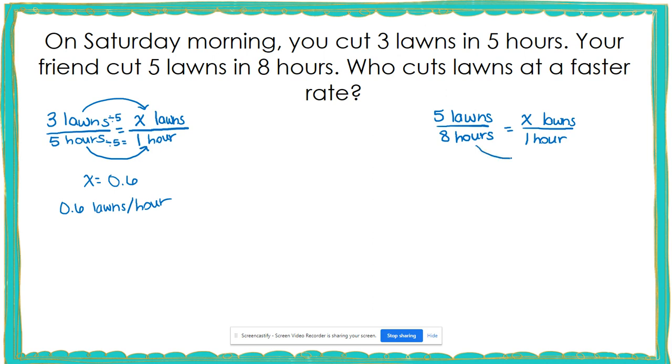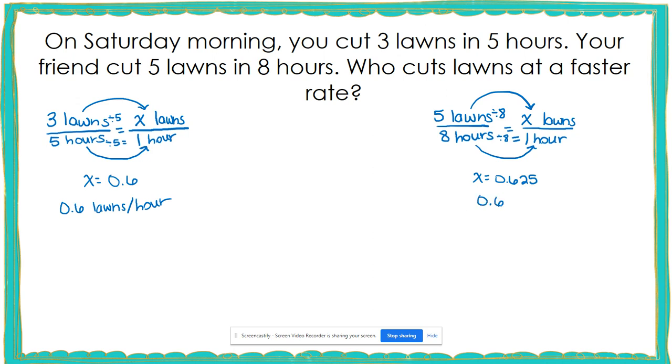Now, to get from 8 to 1, we would have divided 8 by 8. So to get from 5 to x, we would also have to divide by 8. Well, when we take 5 and divide by 8, we would once again get a decimal. And when I do 5 divided by 8, I get 0.625.